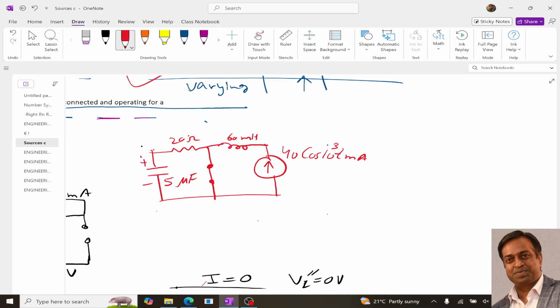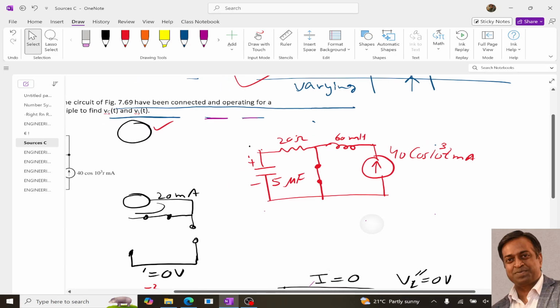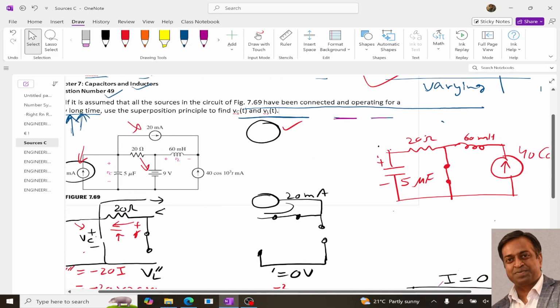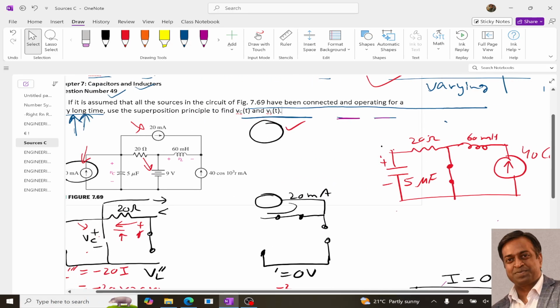So my circuit will look like this, right? This will be replaced with, yes, it will be like this, open circuit.